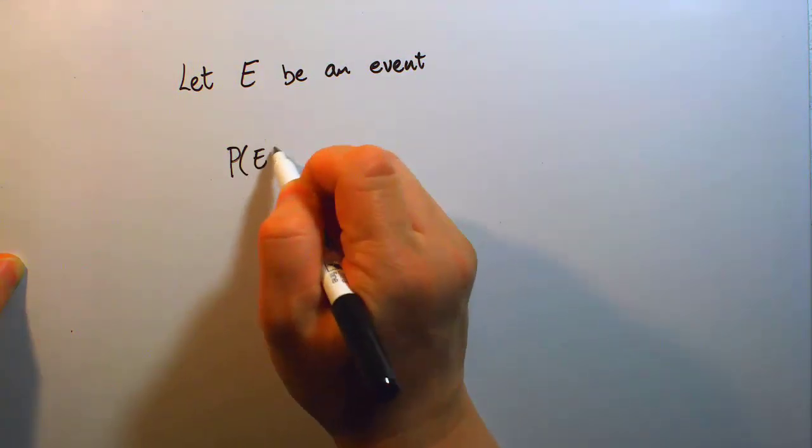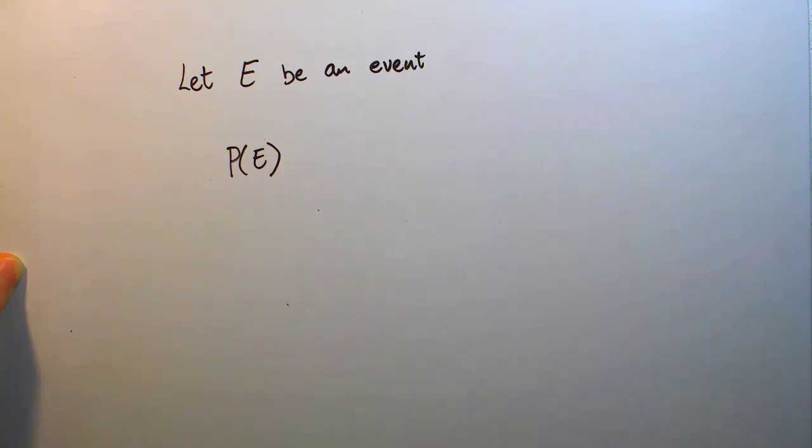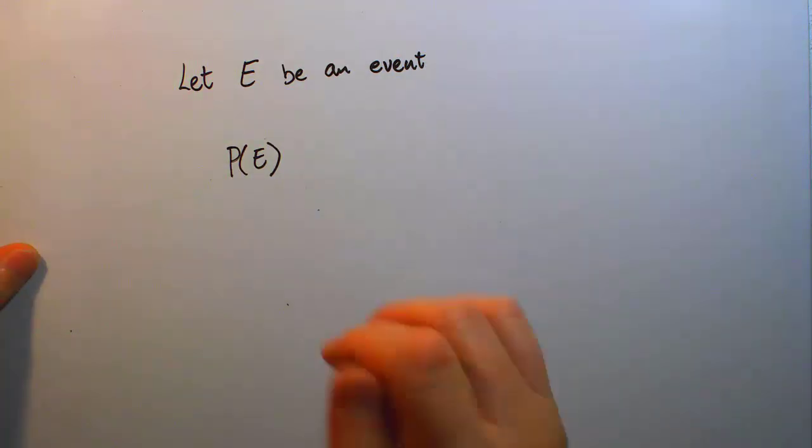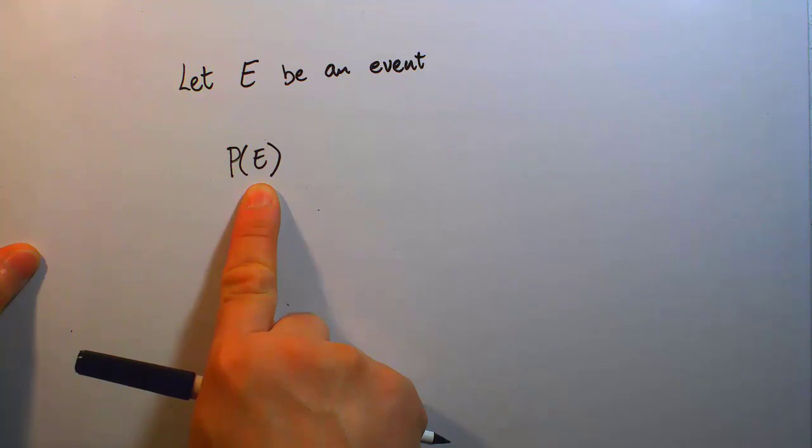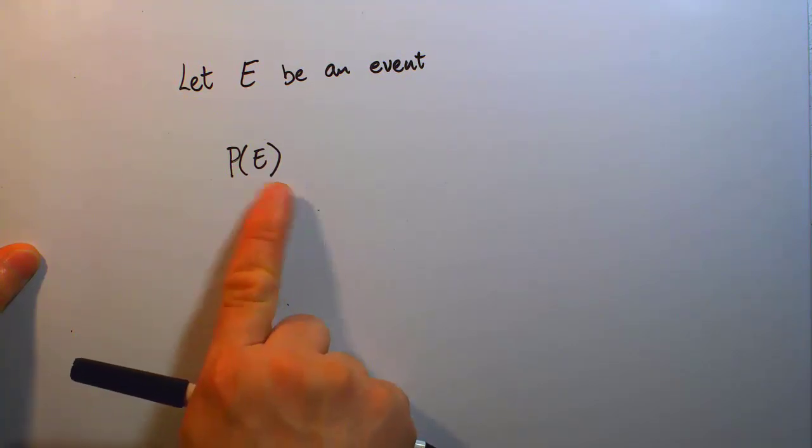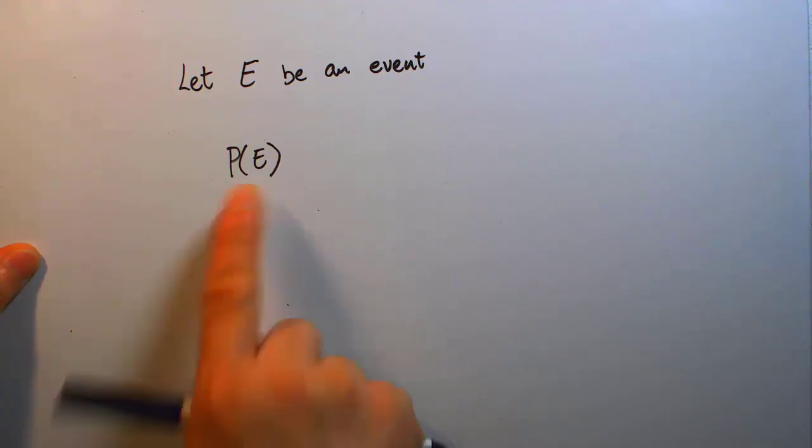And so we can find a generalization of how we can find any probability. The probability of any event, and that's what the capital P in parentheses, I put in that capital E in there.